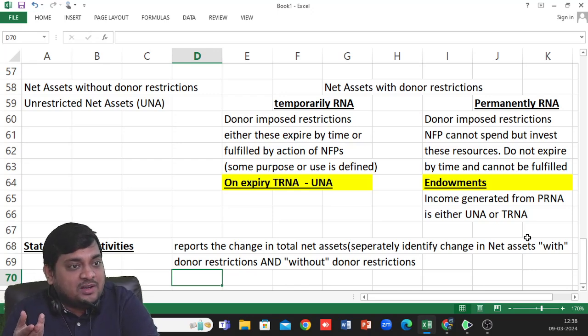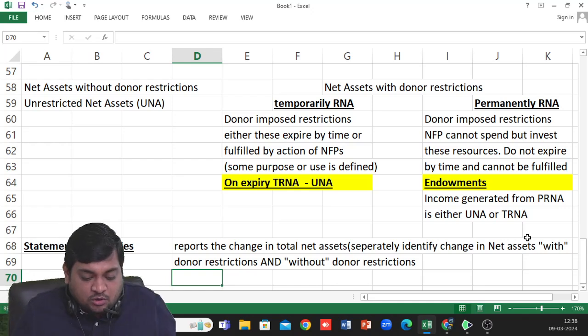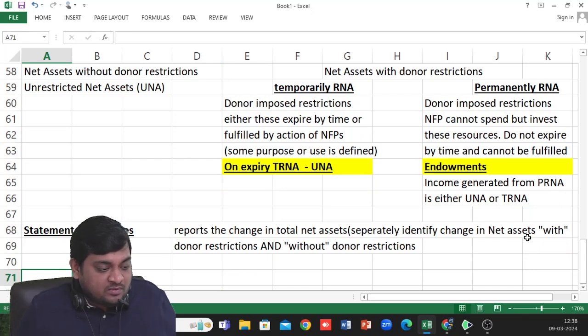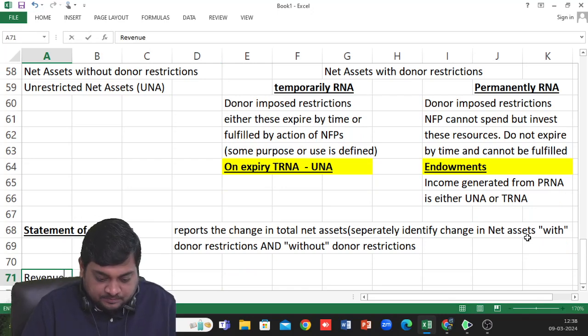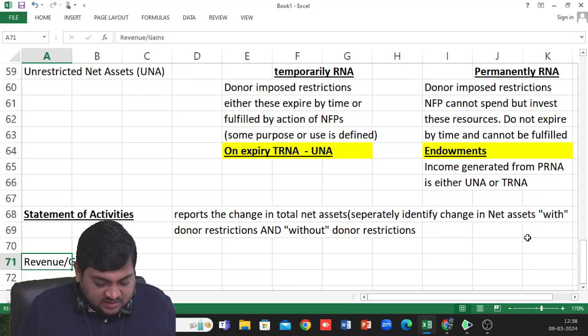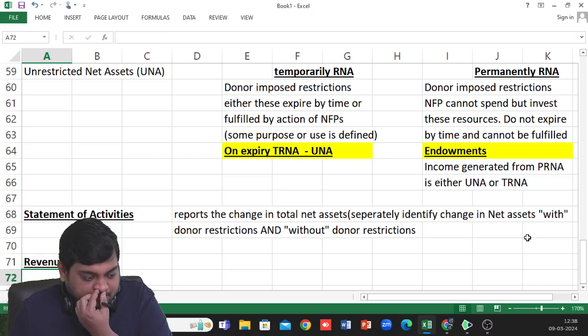So this is my revenue. The different line items for this statement of activity, first of all, revenue and gains. This is the first activity which we have.